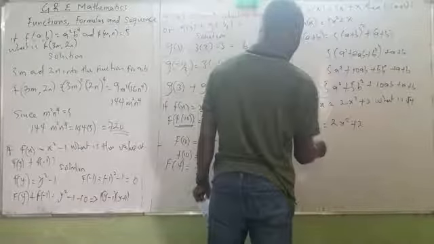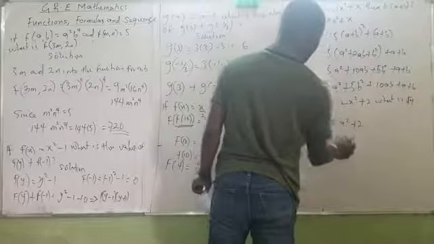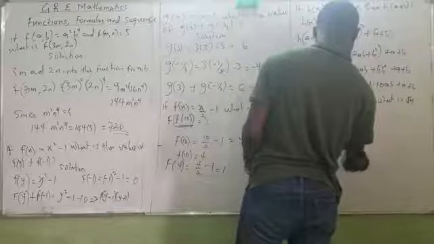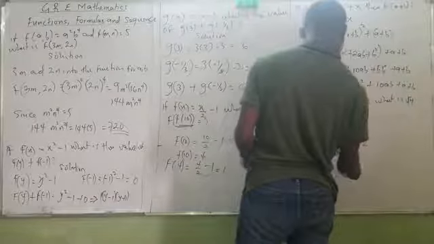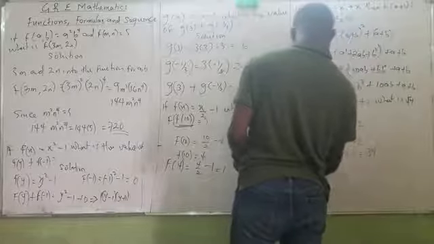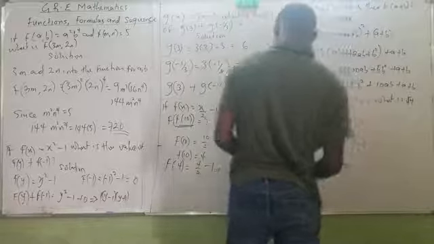Now, root of 4 will be equal to 2 bracket of 4 squared plus 2, which is 16, I have 32, 32 plus 2, which will be 34. That is all.